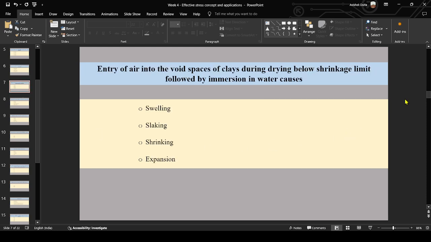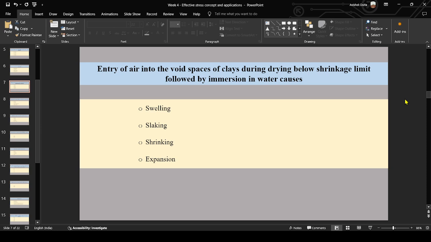Entry of air into the void spaces of clays during drying below shrinkage limit followed by immersion in water causes.